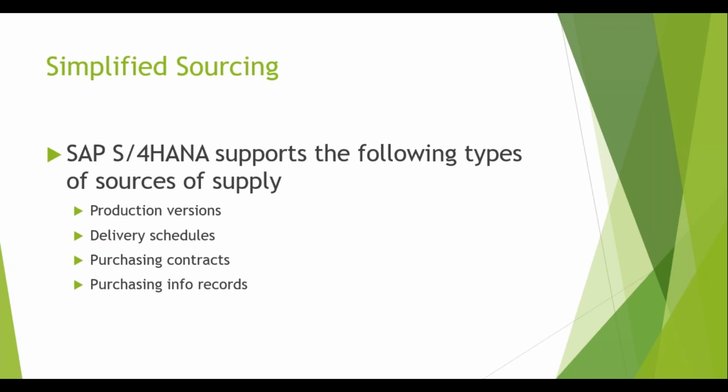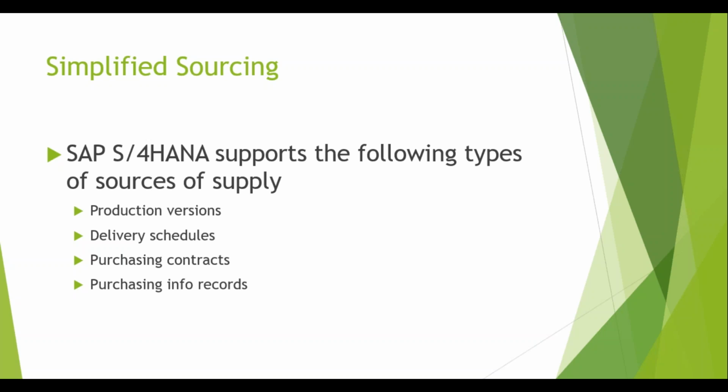Delivery schedules. What are delivery schedules? If you already have, let's say, a contract with a vendor, or you already entered a purchase order agreement, whatever it is, if you have a scheduled agreement that this much material will be delivered on this date, these kinds of agreements are called scheduled agreements, and in them we have the delivery schedules.